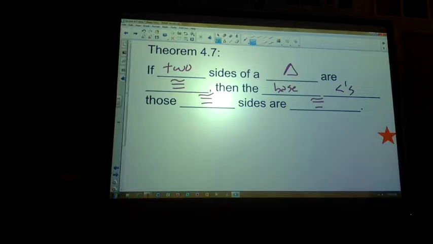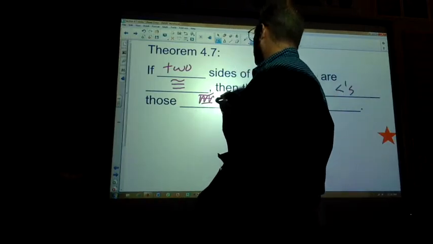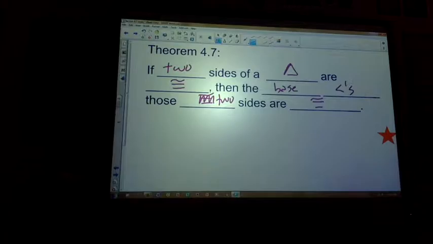Does that make sense? Either way, as long as you make it work.